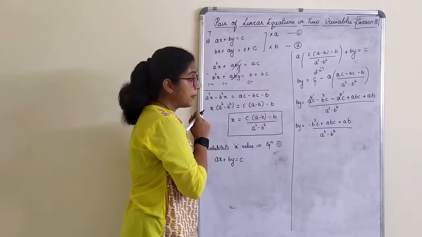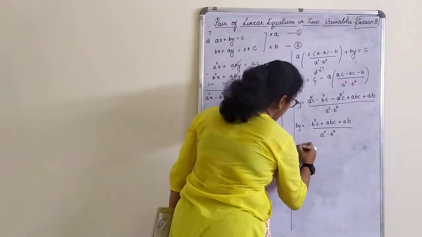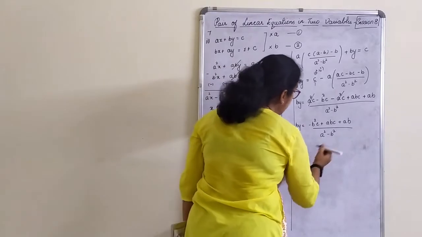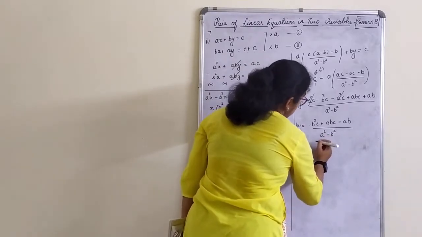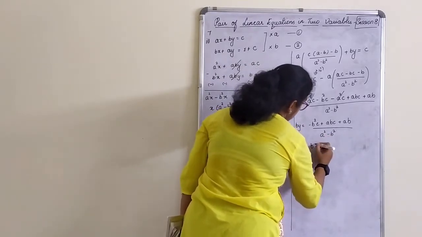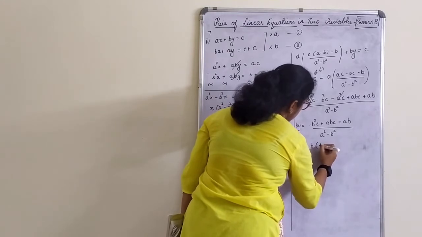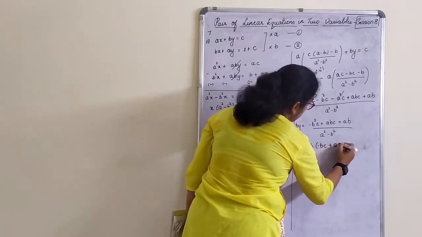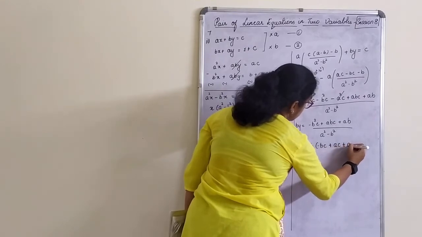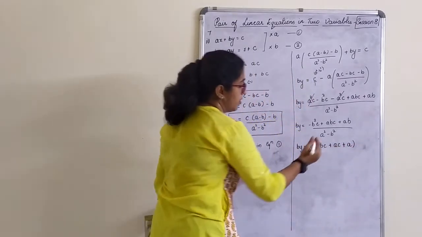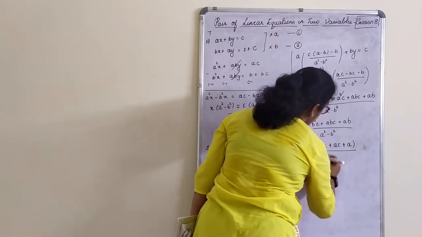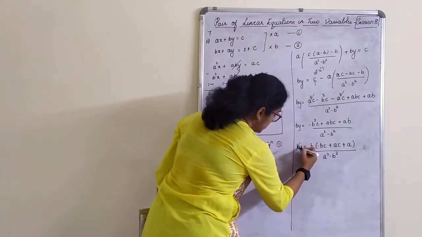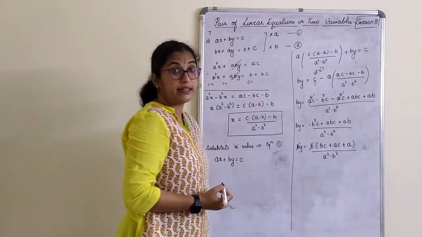So we will take b as common. by is equal to, if I take b common, so this is minus bc plus ac plus a, divided by a square minus b square. This b and this b will get cancelled.